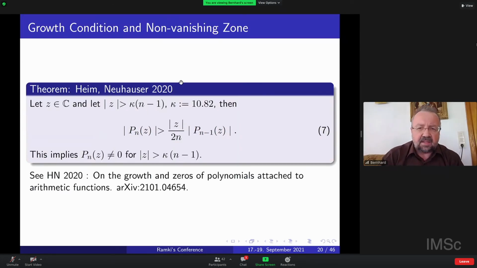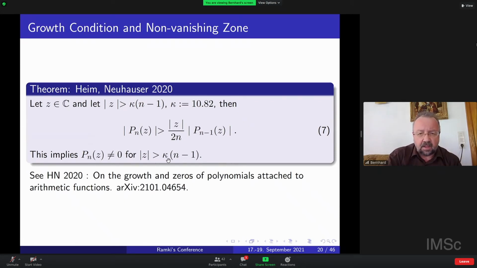Our first result in this direction is that when the argument is larger than a constant times n-1, then these polynomials have a growth condition, which you see by induction: when the argument is larger than k times n-1, especially when it's linear, then all the values, and indirectly all the coefficients, are non-zero.